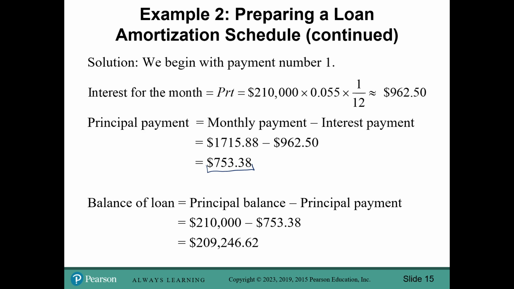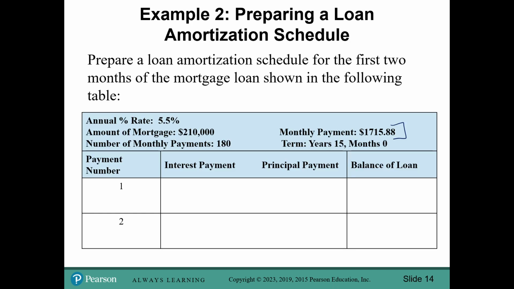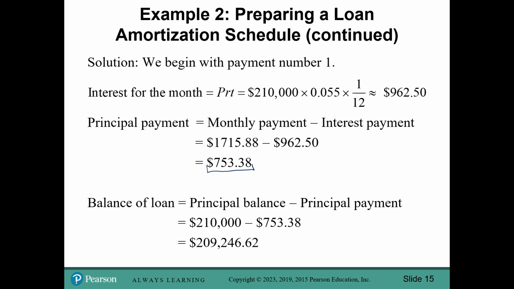So the balance of the loan equals the principal balance minus the principal payment. So that $1,715.88 does not get taken off of your loan each month. Only the principal amount does. And the principal amount is only a fraction of what you're paying each month. That's what they want you to see here.